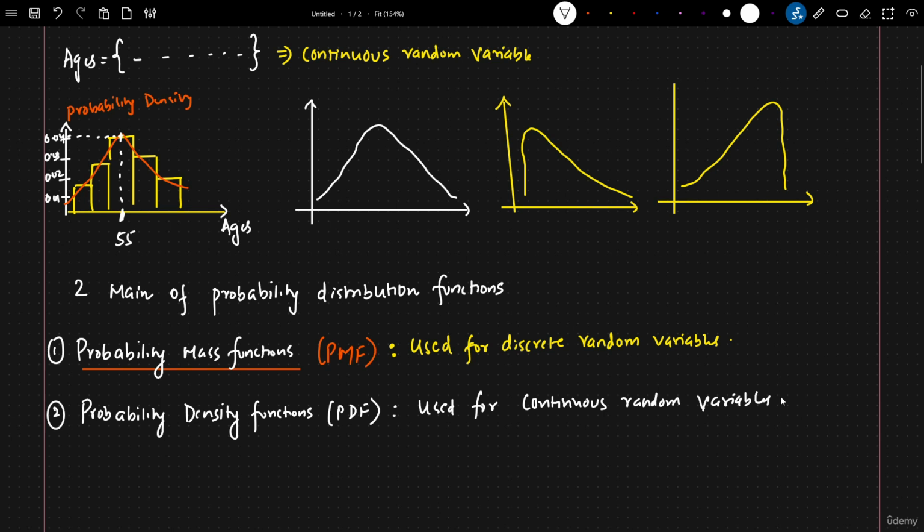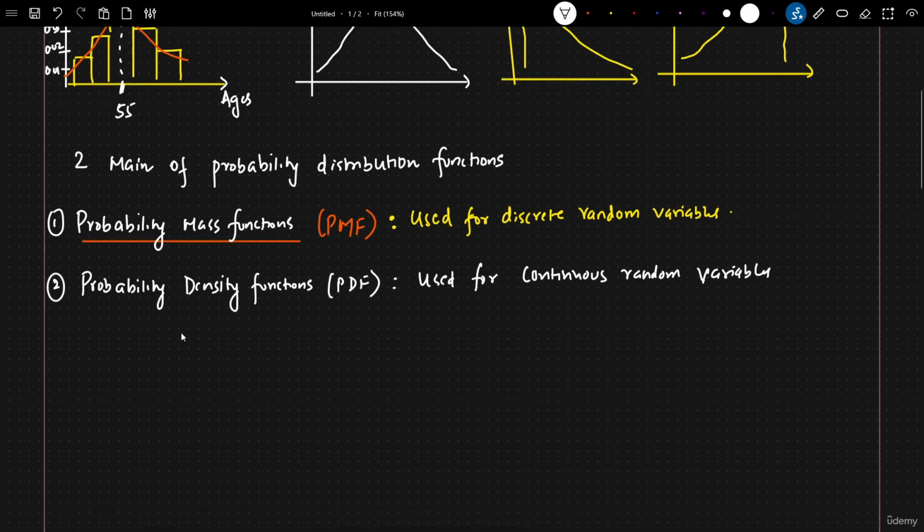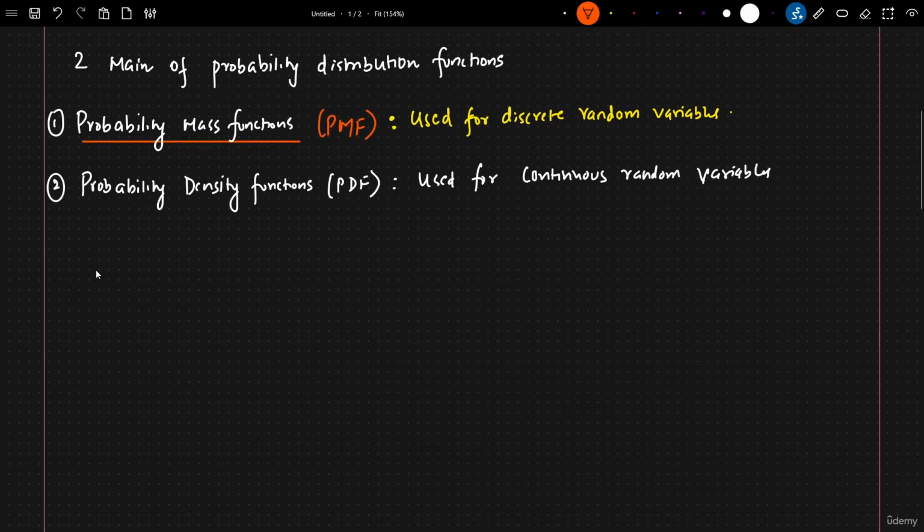Now let's go ahead and discuss probability density function separately and probability mass function separately. Okay. So first of all, I will take probability density, then we'll go with probability mass. Or I can also go ahead with probability mass function. Let's go ahead with probability mass function.